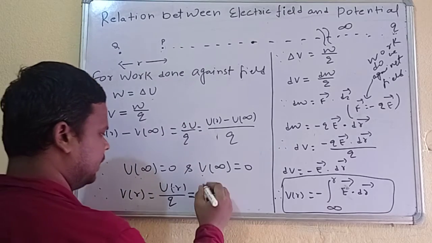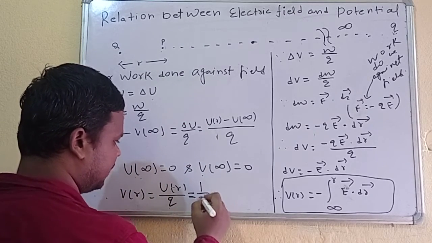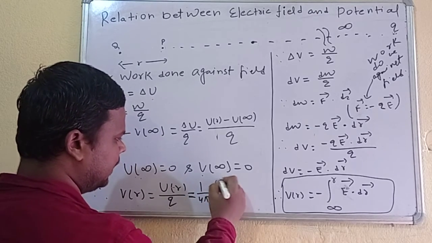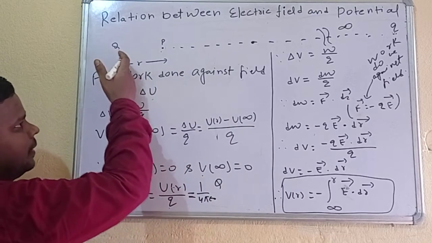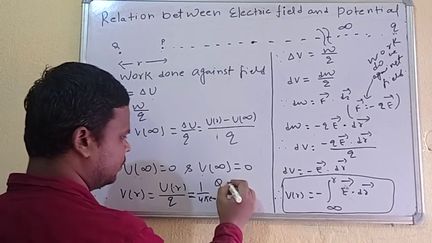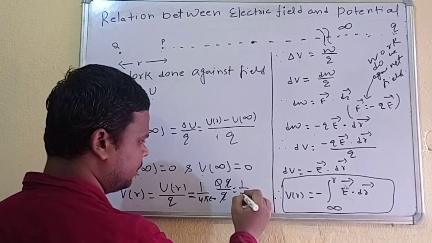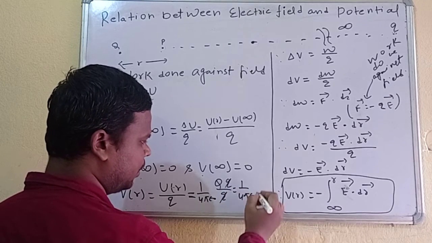The expression for potential energy is 1 by 4 pi epsilon naught Q q by R, already present from earlier, and now we brought charge q here. So dividing by small q, this will be cancelled, and finally we have the expression for electric potential, 1 by 4 pi epsilon naught Q by R.